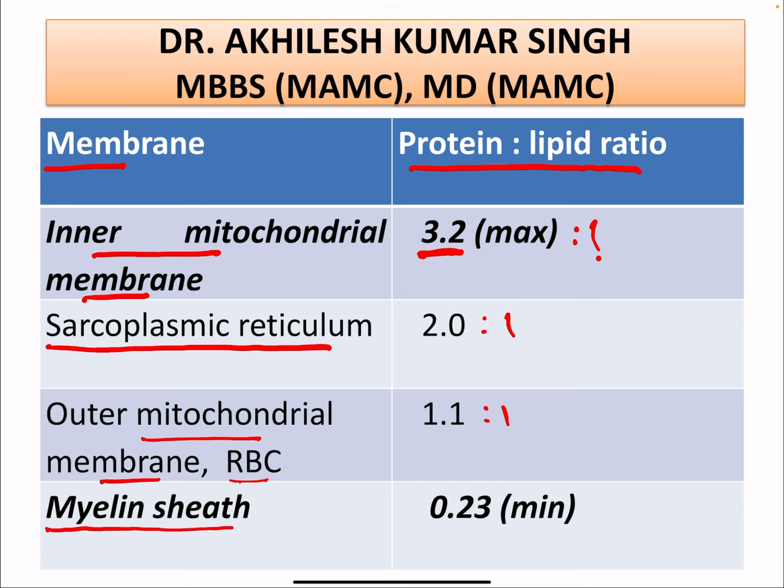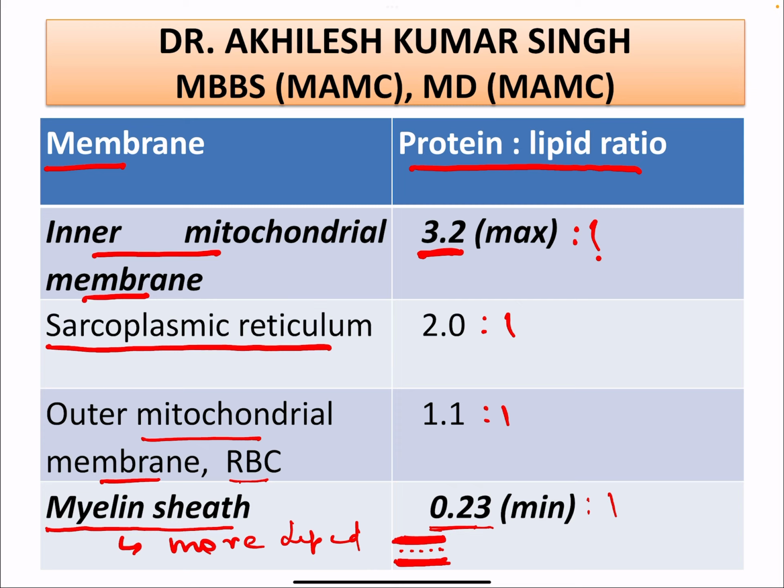But in the myelin sheath, the protein to lipid ratio is 0.23:1. So this myelin sheath has more lipid than protein. So myelin sheath is basically made up of a layer of lipid, then there is a layer of protein, and then again there is a layer of lipid.